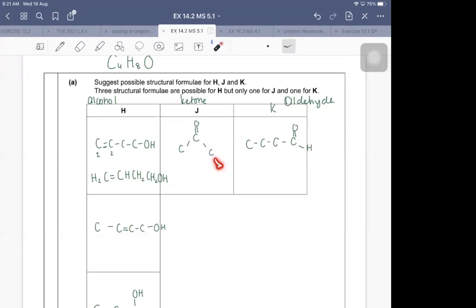It will still be in the second position of carbon. So I will just add that. Okay, so 1, 2, 3, 4. Just make sure that you are counting the hydrogens as well, and they match with the molecular formula, which is C4H8O.